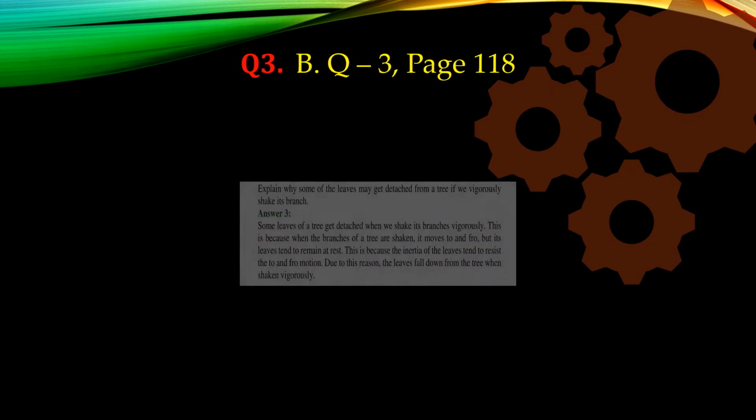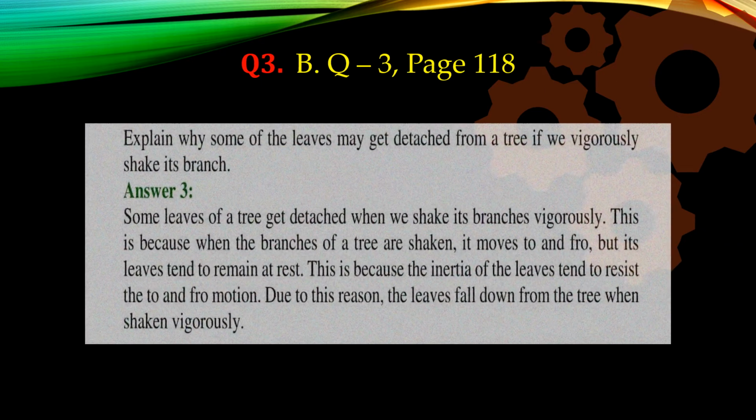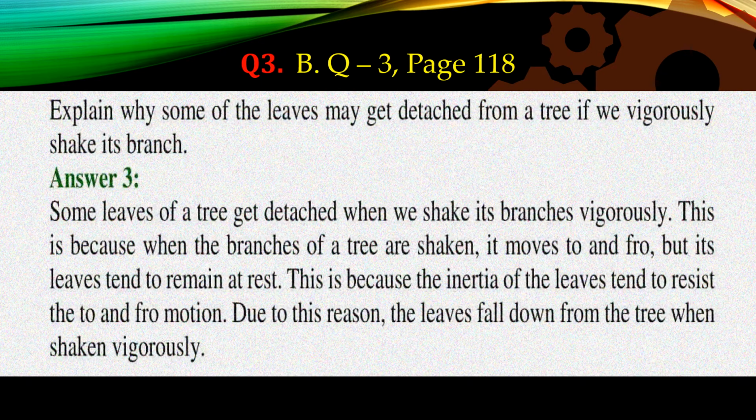Now we will discuss the third question. Explain why some of the leaves may get detached from a tree if we vigorously shake its branch. The leaves are getting detached due to inertia of rest.